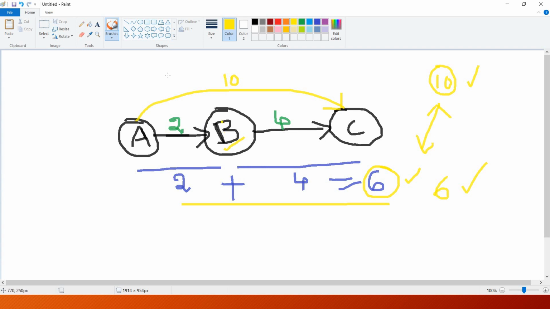In this particular case, I am assuming that there is no direct edge between A and C. So there is only one way to traverse from A to C, which is by means of B. Okay. So traversing A to B takes a cost of 2 and B to C takes a cost of 4. So the total from A to C is a cost of 6.